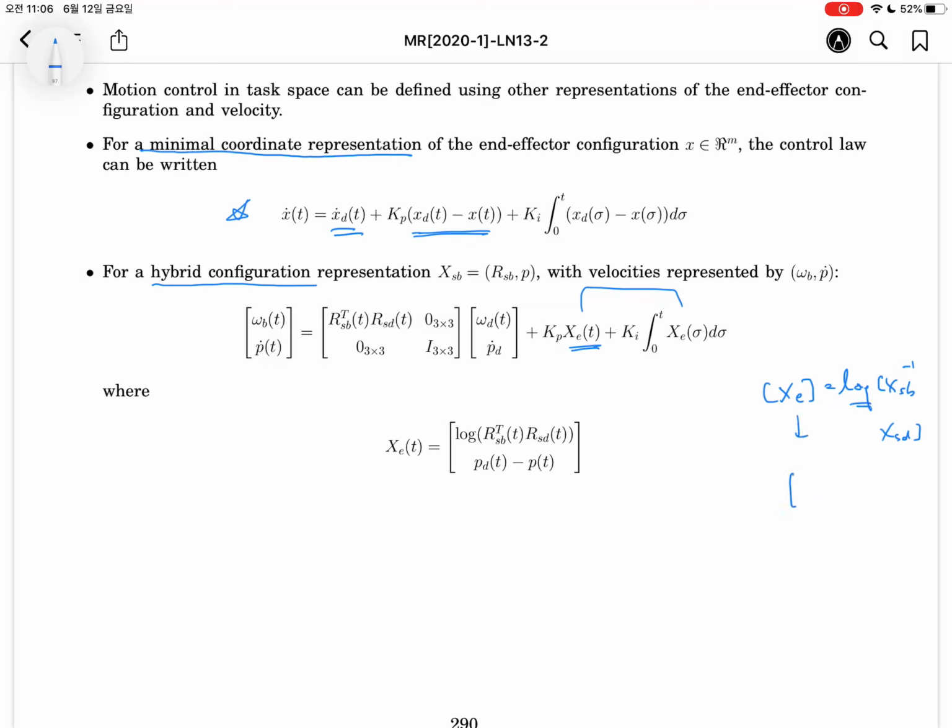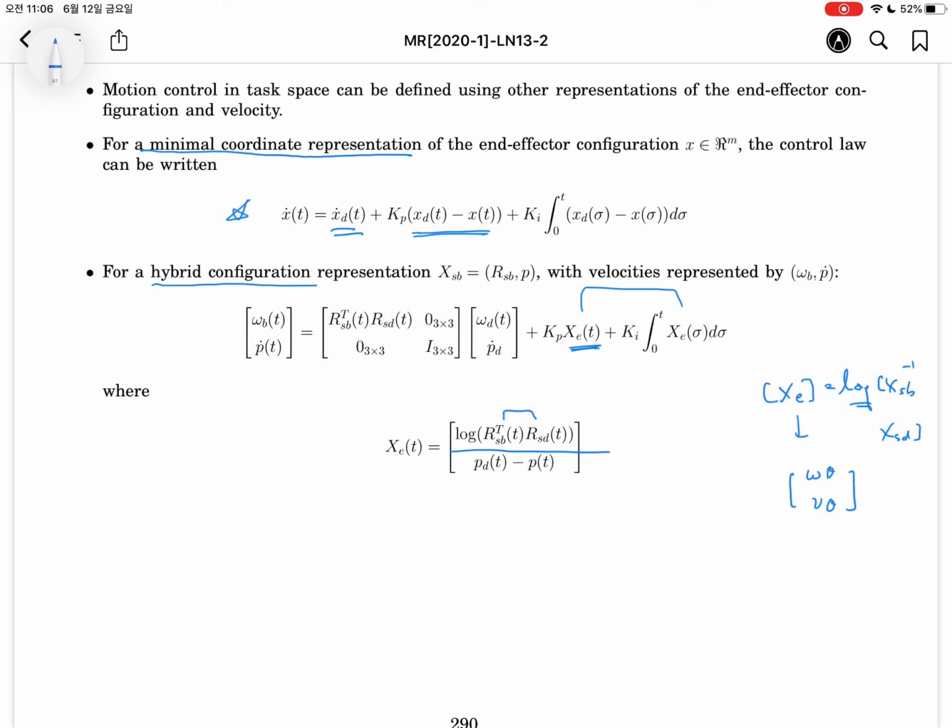The log transform is applied, then we can extract from here omega zeta and v zeta. This will be applied to the previous slide, but in here we will separate the rotation part, the orientation part.